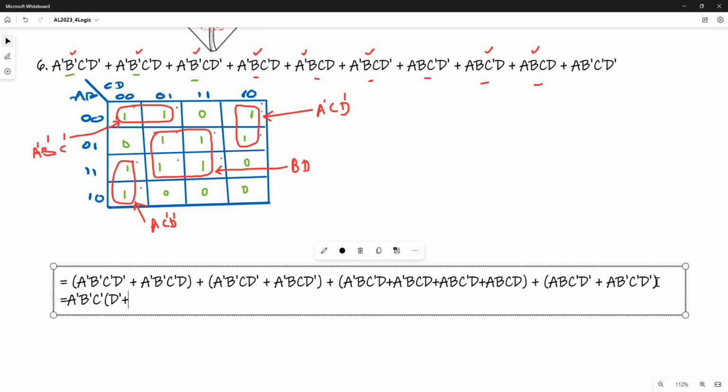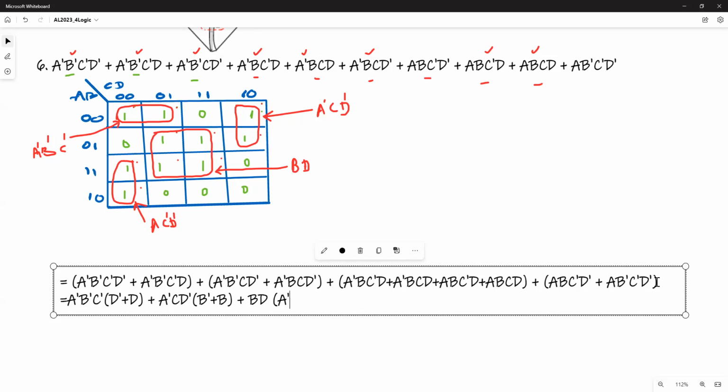We have D dash plus D. From the second term, I can say, okay, what is common? A dash, C, D dash. So we will have B dash plus B. Then the last four terms, if you look carefully, BD is common.